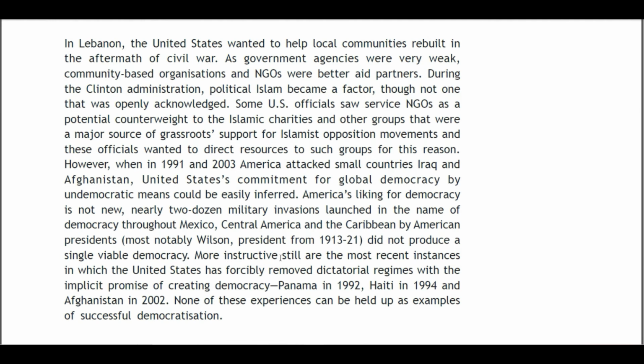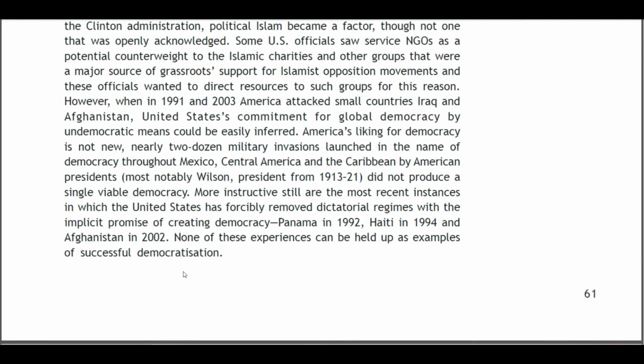More instructive still are the most recent instances in which the United States has forcibly removed dictatorial regimes with the implicit promise of creating democracy: Panama in 1992, Haiti in 1994, and Afghanistan in 2002. None of these experiences can be held up as examples of successful democratization.